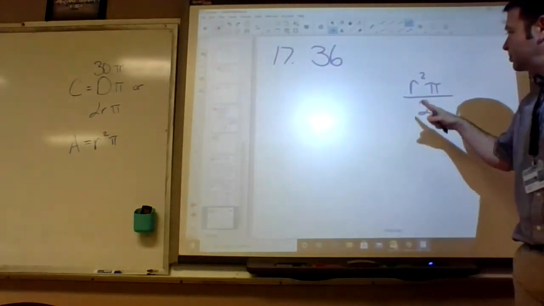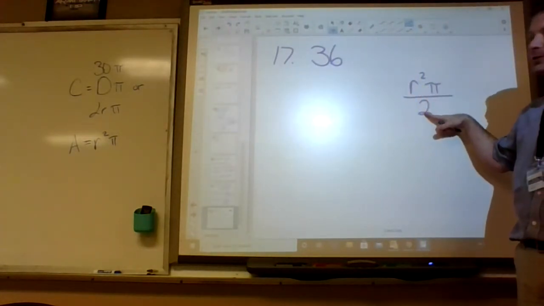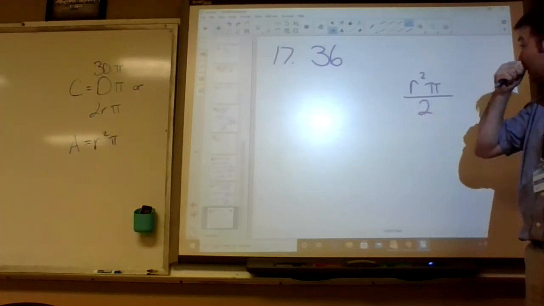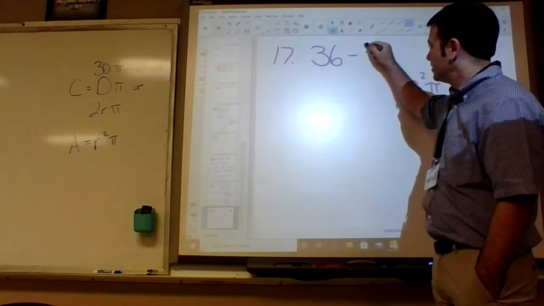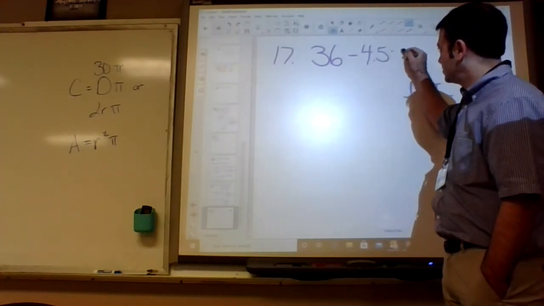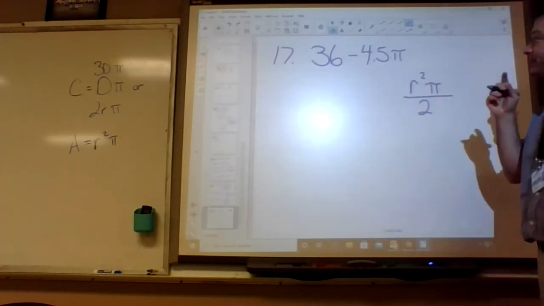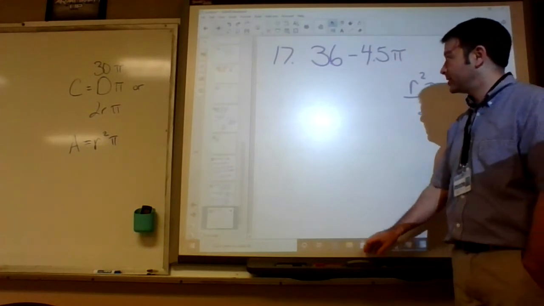So we're going to do 3 times 3, which is 9, divided by 2. 9 divided by 2 is 4.5. Okay, so that's 4.5 times pi in the hole. So why don't you guys plug that in, see what we get.